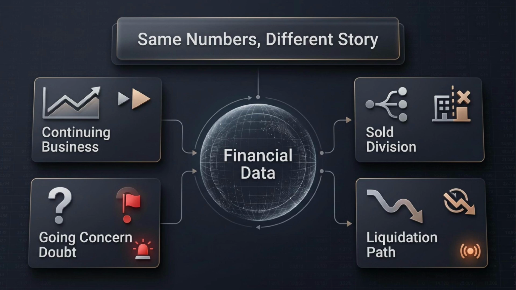But presentation decides the lens through which users read those numbers. A sole division, a liquidation path, a going concern uncertainty, and a continuing business are not the same story. Investors, lenders, auditors, analysts, and students preparing for exams all need the right lens. Otherwise, even technically correct numbers can be misunderstood.